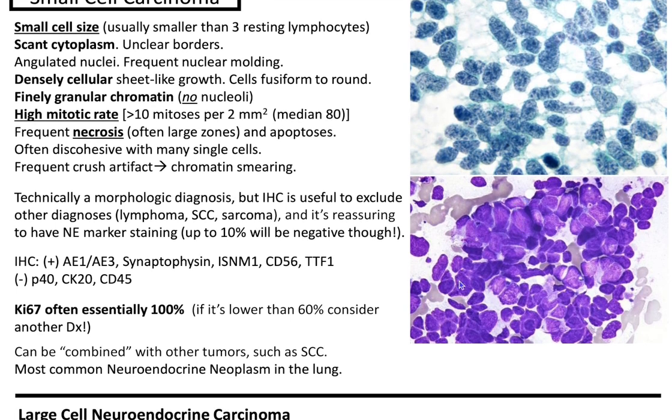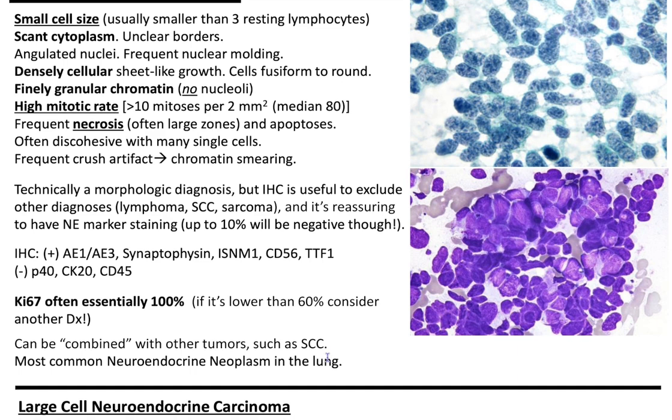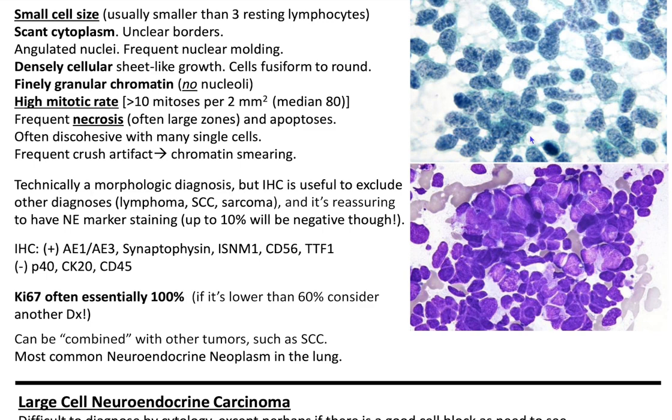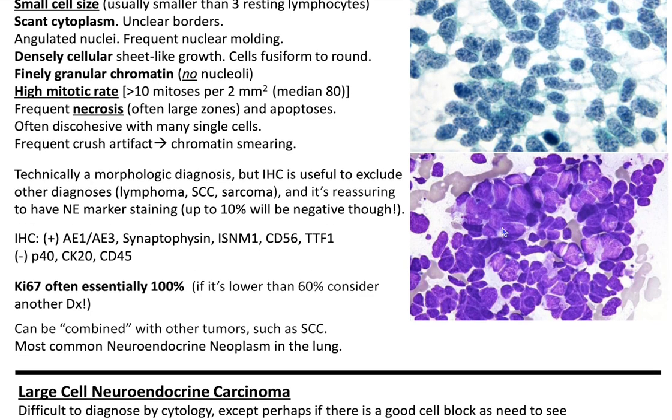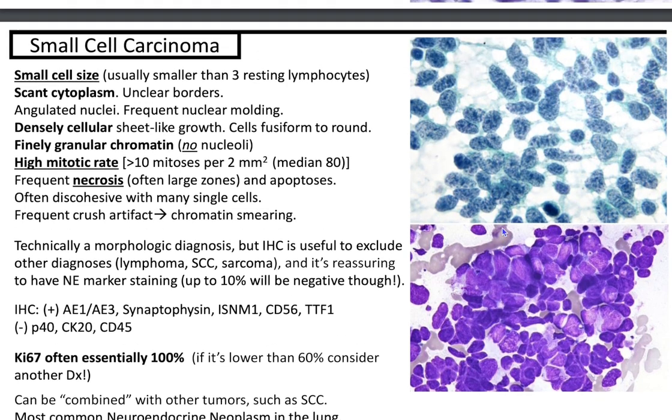IHC, it will be positive for your cytokeratins, AE1, AE3, synaptophysin, INSM1, CD56, TTF1, and it will be negative for P40, CK20, CD45. And Ki67 often essentially is 100%. And if it's lower than 60%, you want to consider another diagnosis. And remember, it can be combined with other tumors such as squamous cell carcinoma. And this is the most common neuroendocrine neoplasm in the lung.